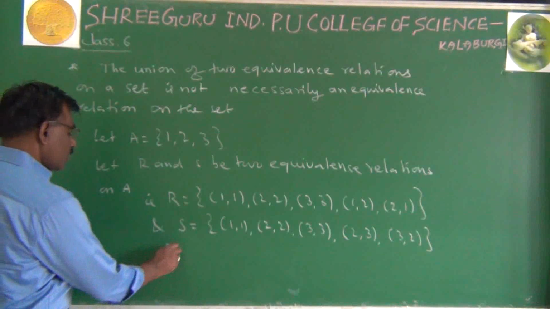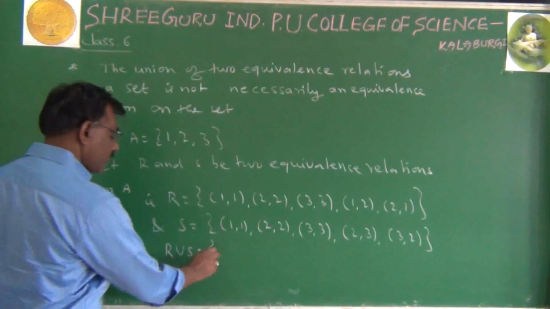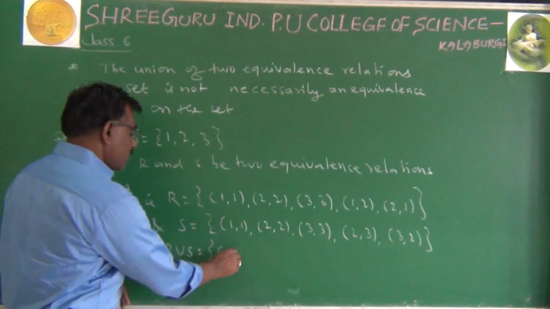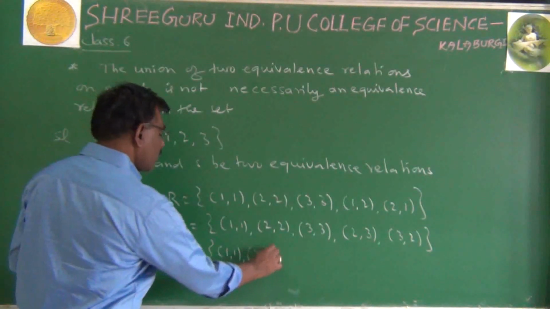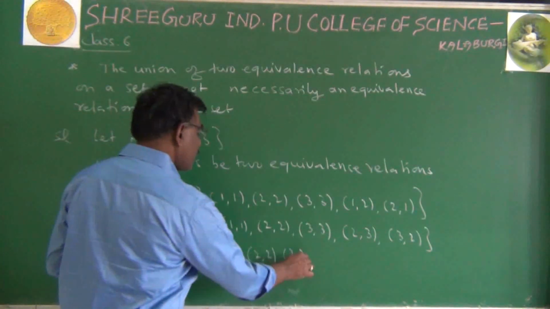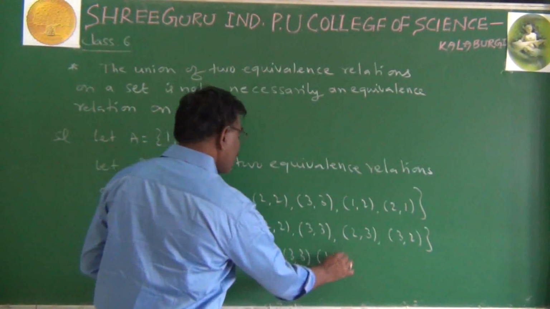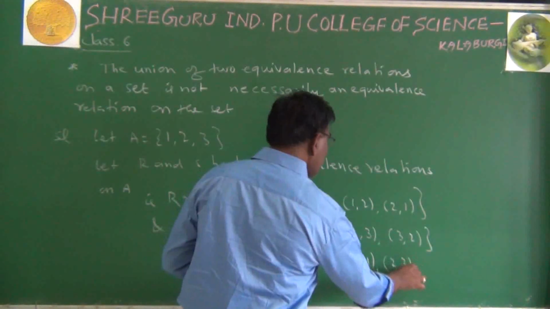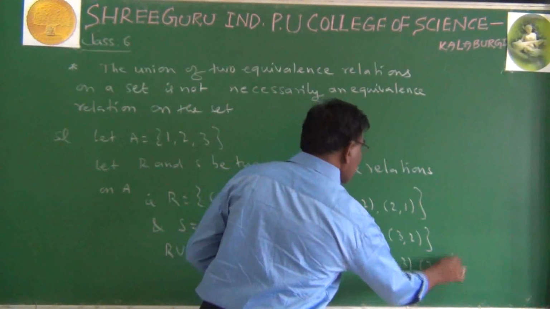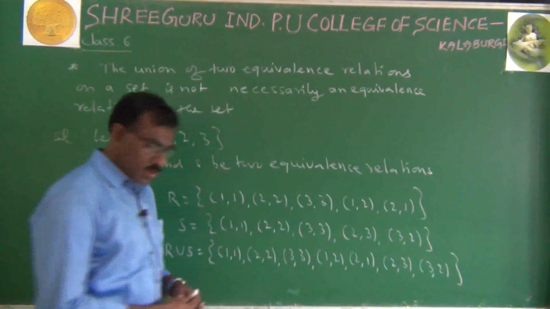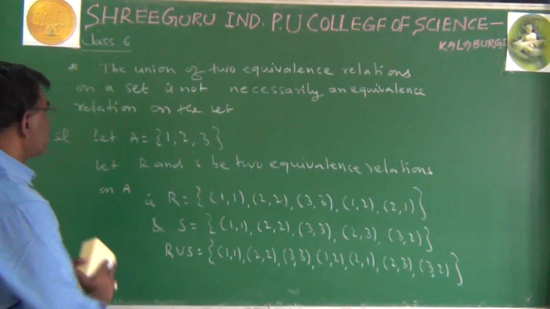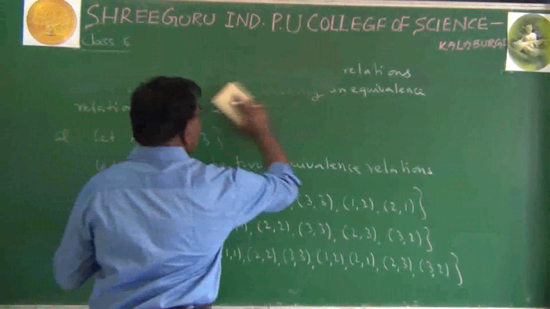R union S is {(1,1), (2,2), (3,3), (1,2), (2,1), (2,3), (3,2)}. This is called R union S.